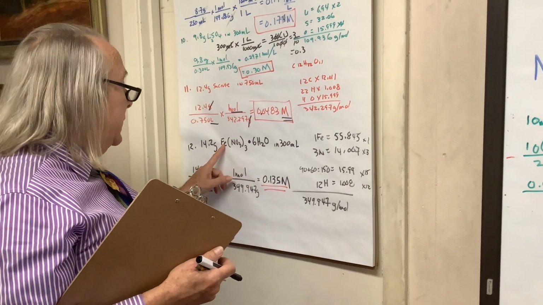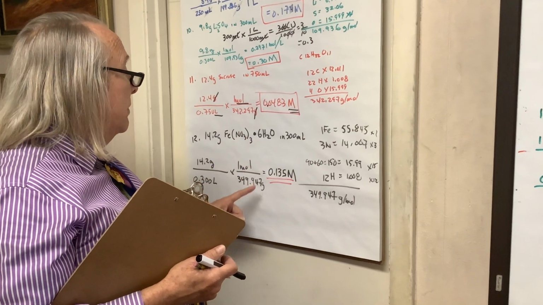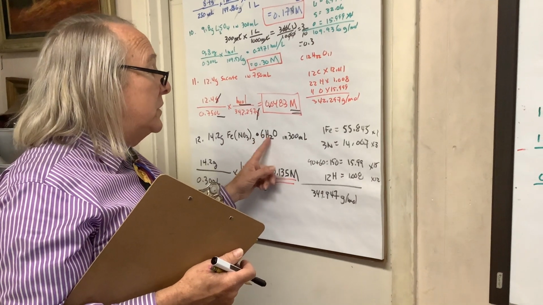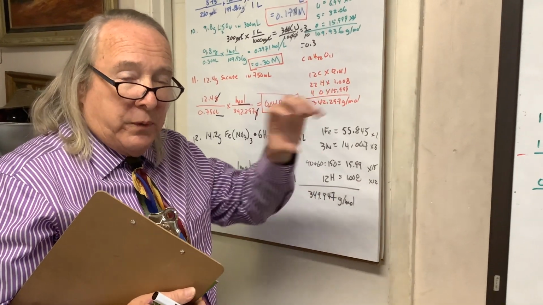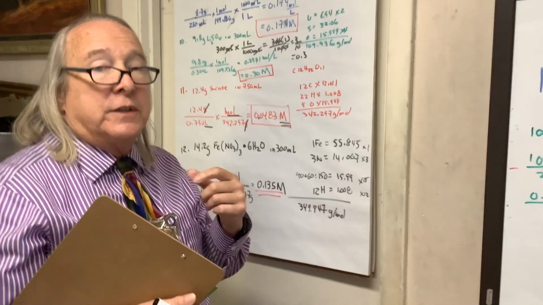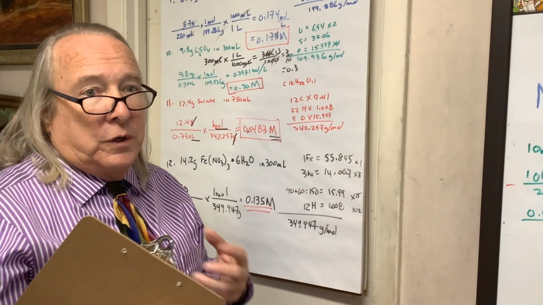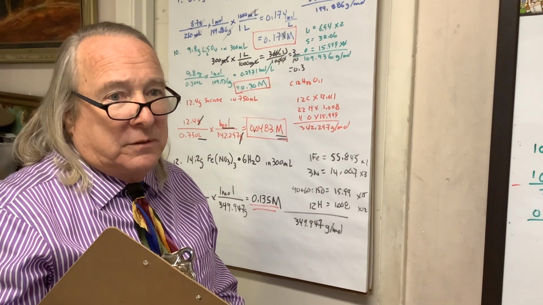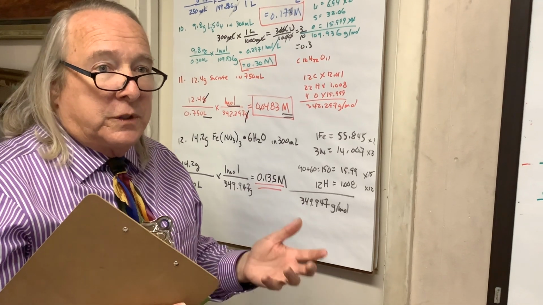This iron is iron +3, so I need 3 nitrates. And I also need 6 waters to include in my molar mass when I weigh it out. Often these hydrates behave better, are more crystalline, are easier to work with, aren't as clumpy. Sometimes they are more clumpy, but they are the preferred common form.